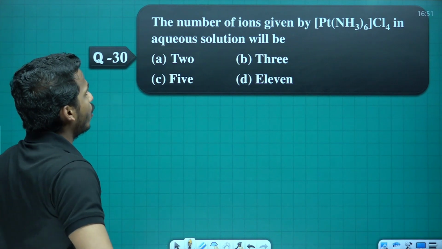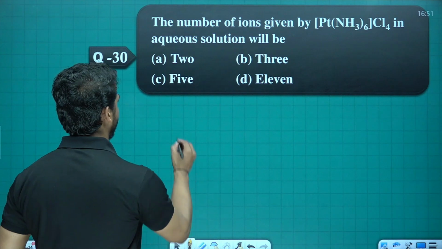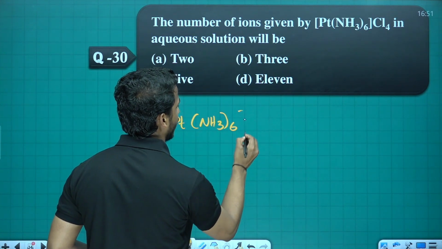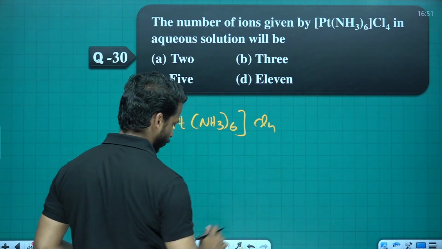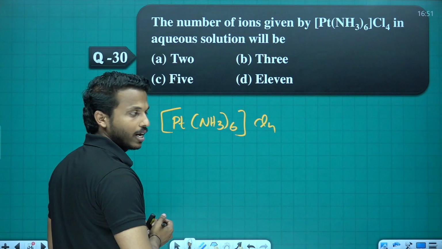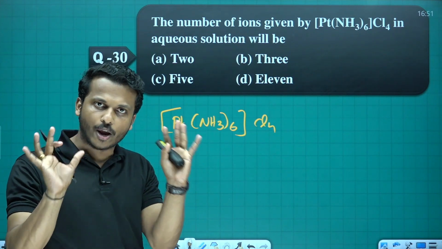Now, the number of ions given by this complex in aqueous solution. Yes, it is compulsory to know how to break into ions, my dear. Carefully listen. This is a complex, right? Please don't treat it as a big compound. This is just one species, one ion.